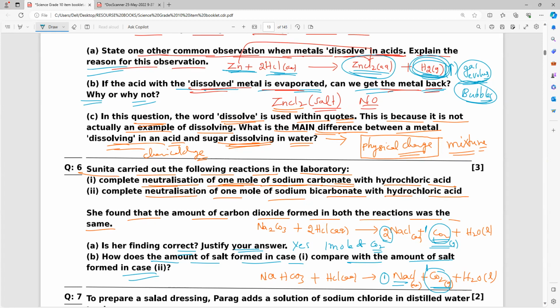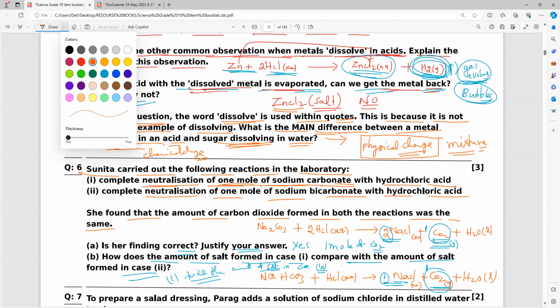So in case 1, how many times is it more? Twice. Twice the amount of salt in case 2, because here 1 mole and here 2 moles.